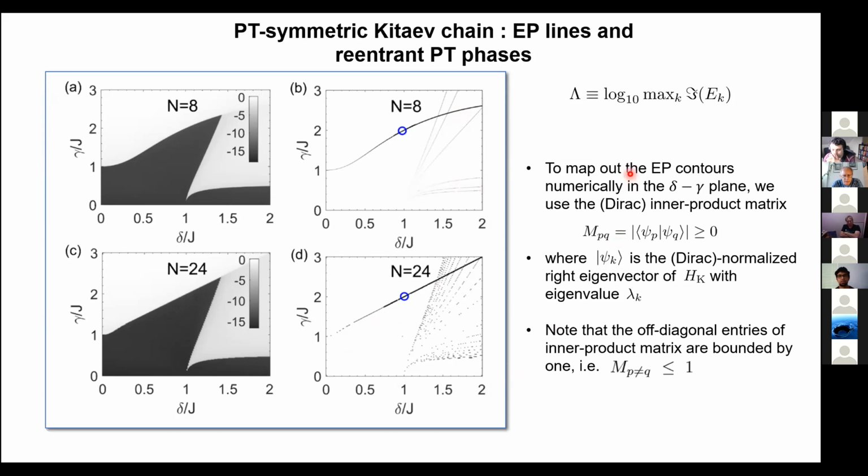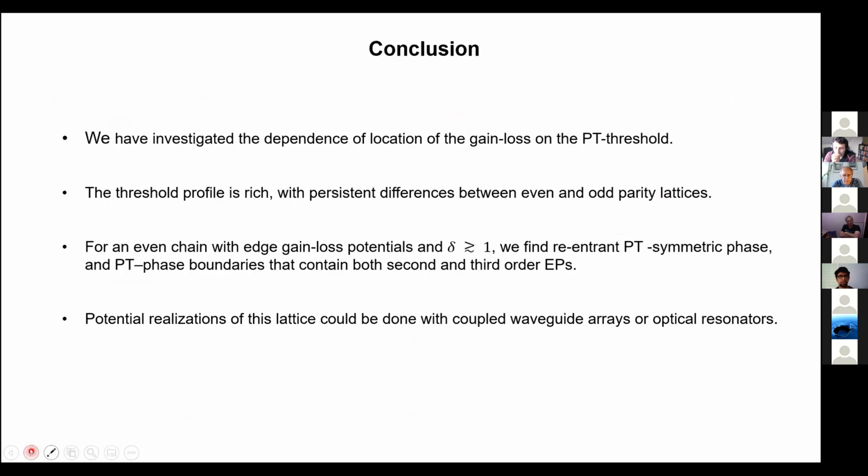So I think with that I can conclude. These were some fairly cute results to show what was going on. We investigated the dependence of gain and loss on this Kitaev chain. We found a rich threshold profile, wherein we saw an odd-even difference between odd and even chains.